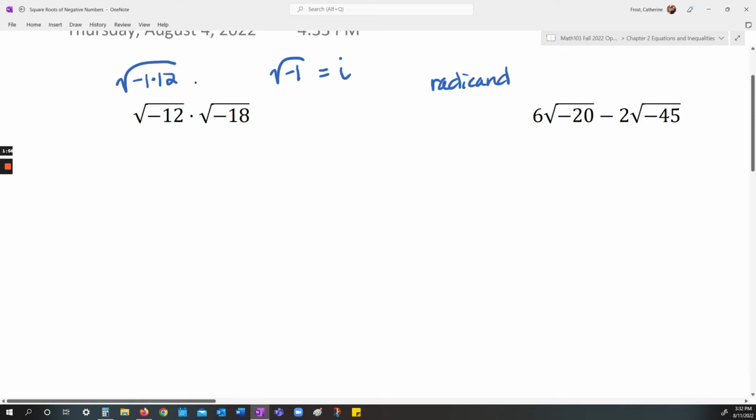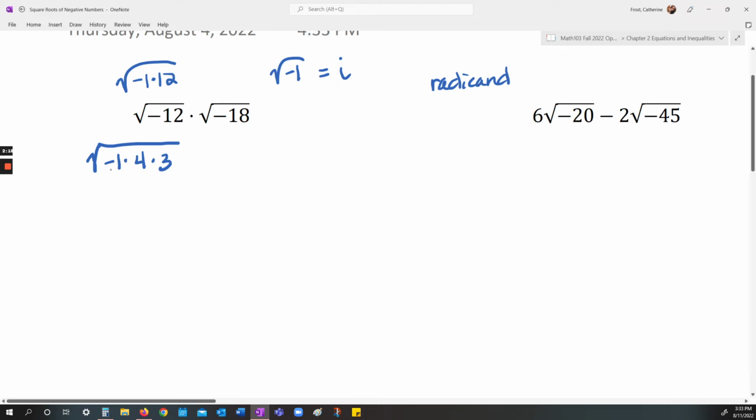Let's simplify this as much as possible. 12 actually does have a perfect square factor, 4. So we can write the square root of negative 12 as square root of negative 1 times 4 times 3.